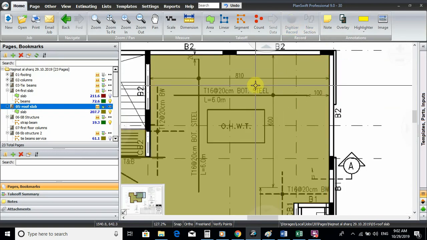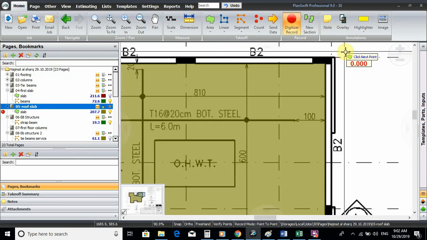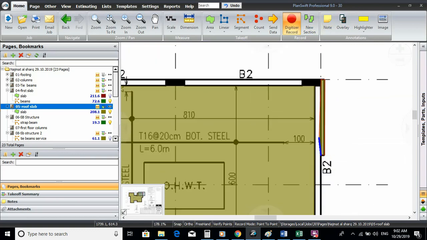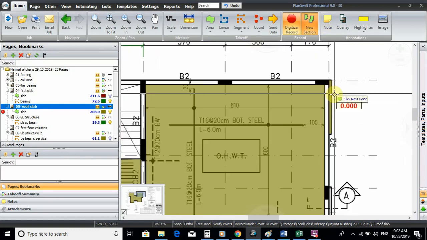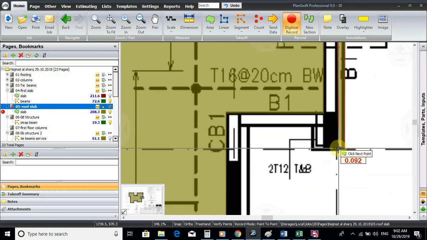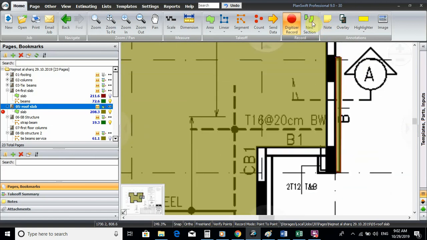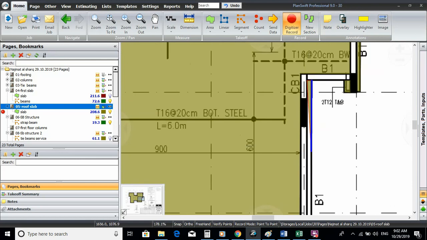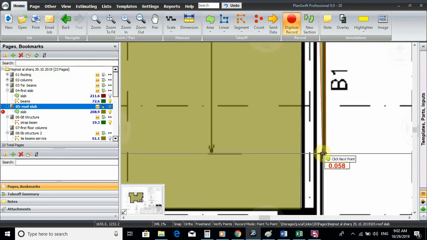So you just press here and new selection, because you're calculating the area in a different place, not the same polyline or the same box. Remember this column we didn't take with the slab, so you'll take it with the beams.